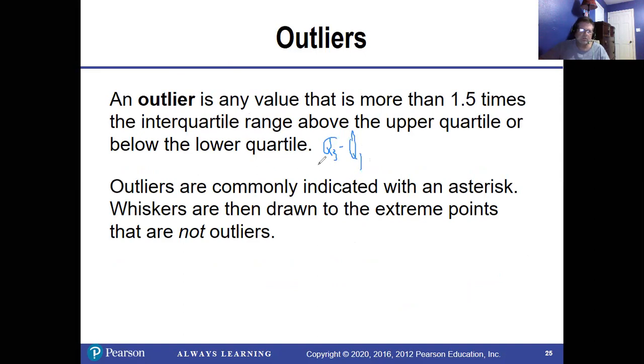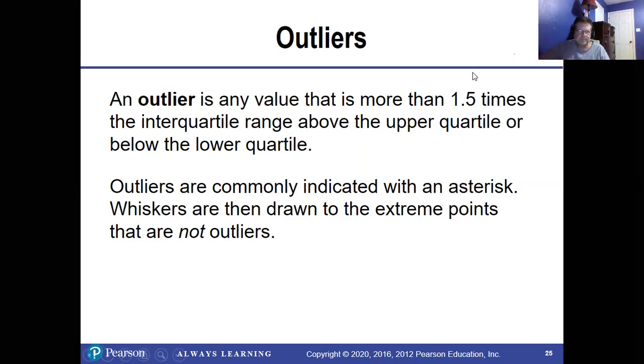So if you find that interquartile range, you've got this number. If you multiply that number by 1.5, and a value is lower than that farthest distance or higher than that farthest distance, then it is considered an outlier. I'll show you one here in a second.